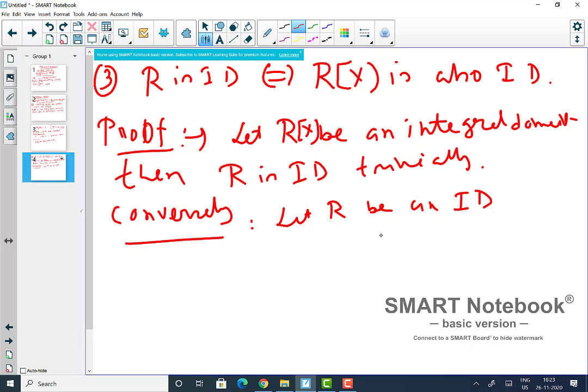So if R is an integral domain, then we need to prove that R[x] is an integral domain, right? So what should we do?